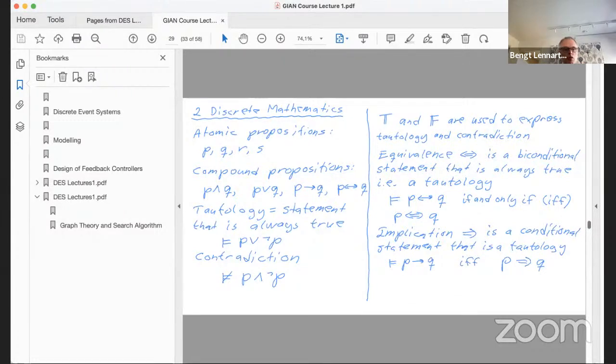Compound propositions is just that you combine with the standard logical operators like and, or, implication, etc. A tautology is a statement that is always true, and that is logically described in this way: either P or not P, and that means that it's something that is always true.